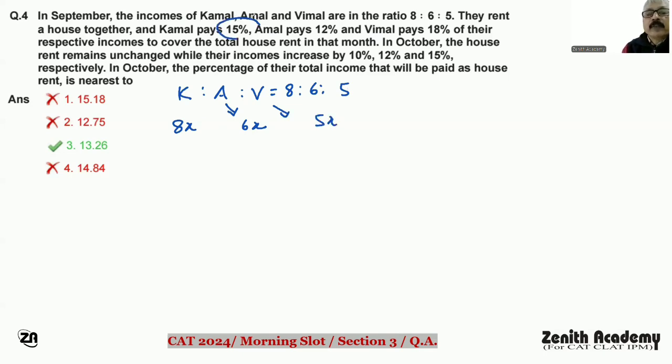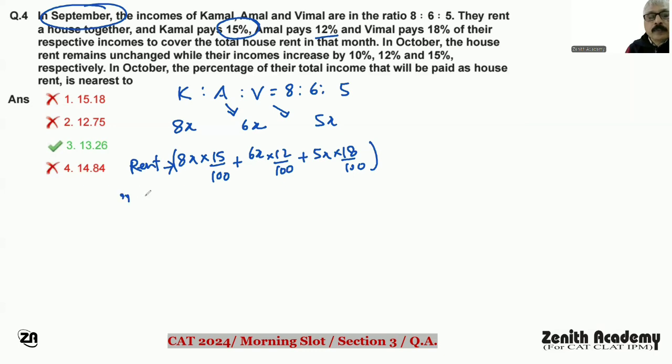So Kamal pays 15% of the income, so 15% of 8x. And Amal, 12% of his income, is 12% of 6x. And Vimal pays 18% of his income, 5x. So this is the total rent in the month of September.